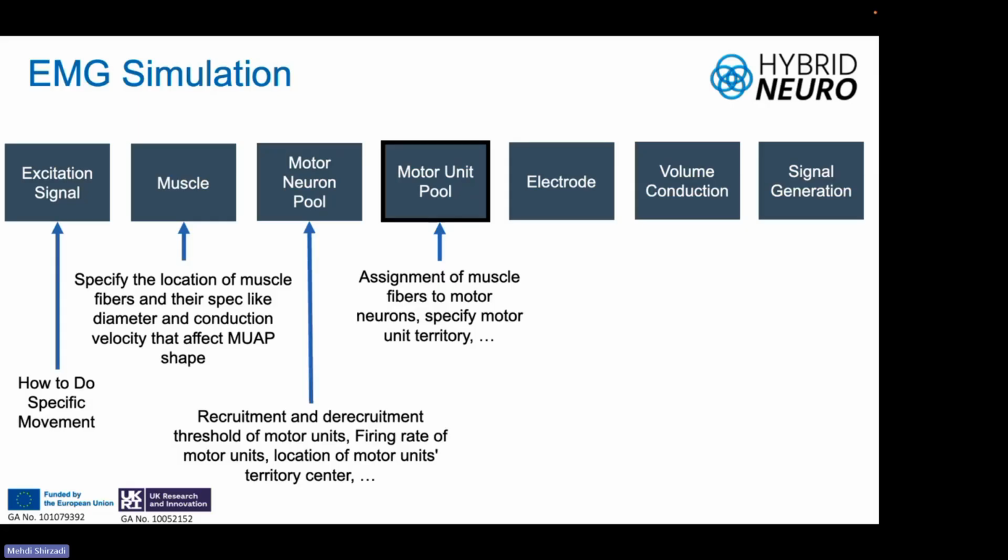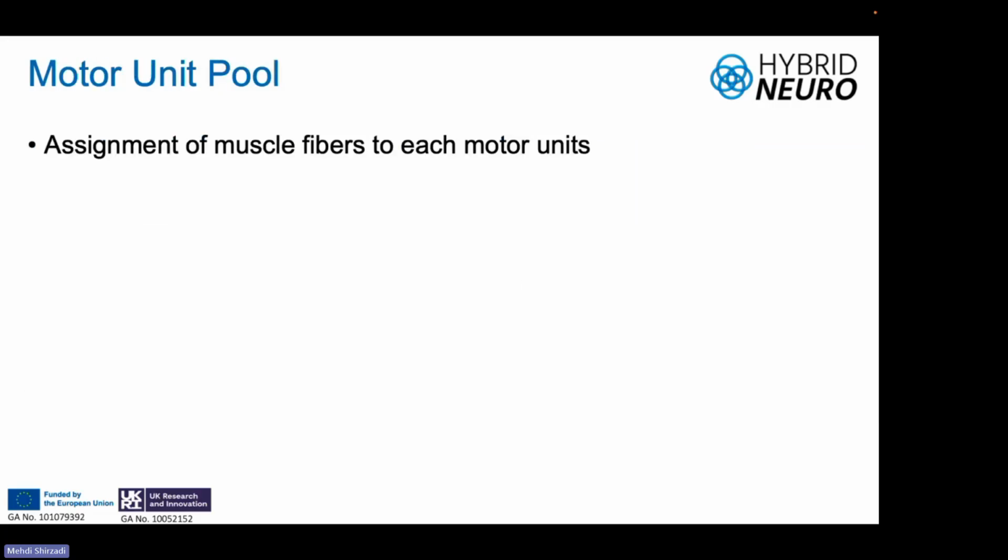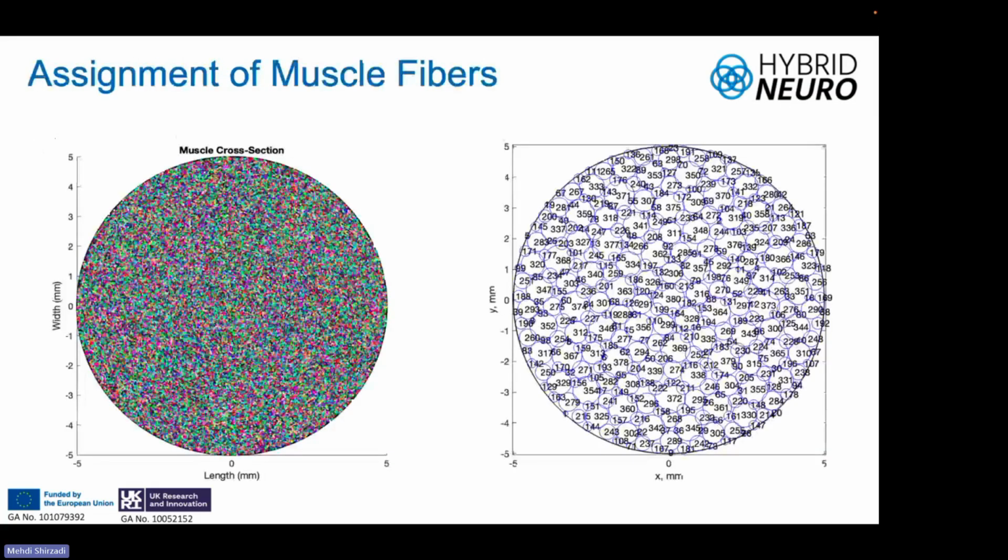So in the motor unit pool, we already have the muscle fibers. We already have the different properties for each one of the motor units, and we need to assign each muscle fiber to a motor unit. We have these muscle fibers, and we have these motor units, more or less the center of them.